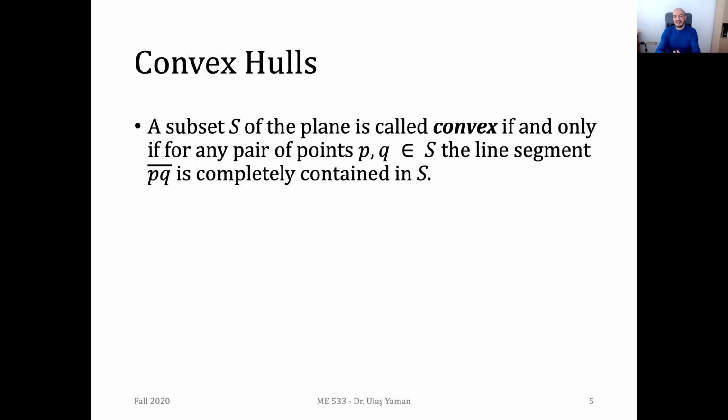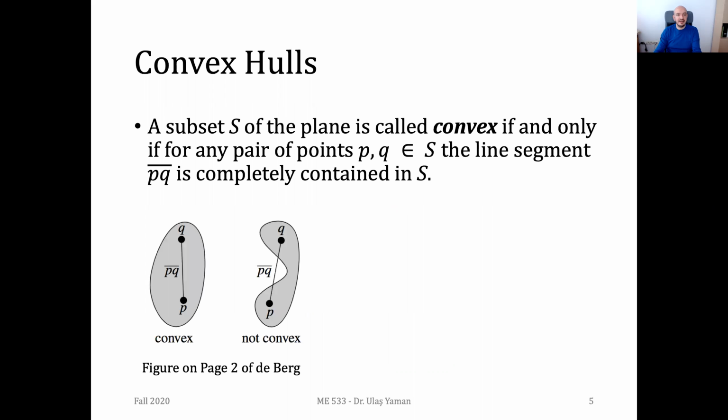So let's have a look at the formal definition of convexity. What is a convex hull? We call any shape a convex shape if and only if, for any points P and Q inside this subset S, the line connecting these two points is completely inside the subset S. If that's the case, then we can say that the given subset S is a convex one.